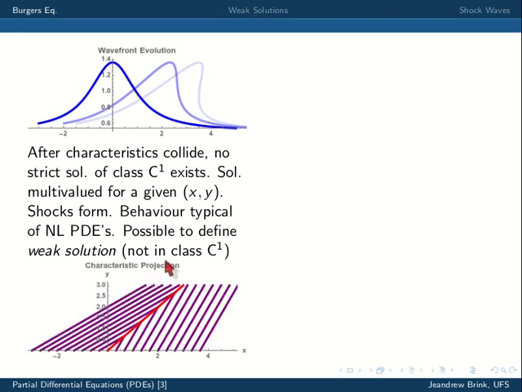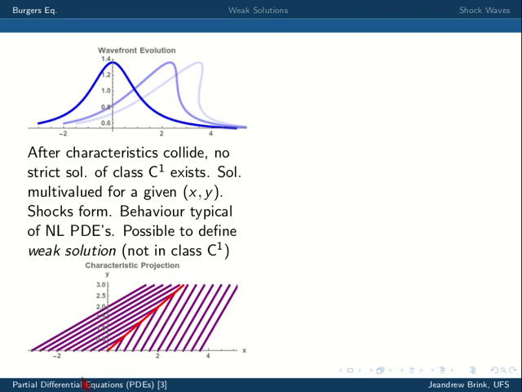And the way we do it is we suppose the characteristics collide along a line like this. Then we say everywhere on this side, the solution is propagated from this initial value, and it's fine. And everywhere on that side, the solution comes from these initial conditions, and that's fine. And we have this boundary in between that we call the shock front. Okay, and then we make the weak solution that way.